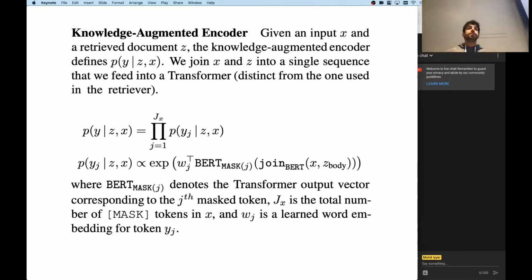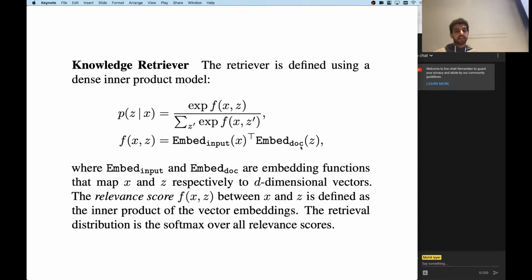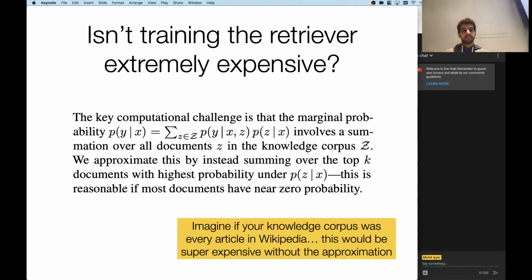So this is using a BERT model that is separate from the passage and input encoder. But conceptually, you can use any method to get a vector for these two things, this embed input and embed doc. You could just average word embeddings. You could do whatever you want. In their experiments, they found that BERT works the best, which makes sense. Like it takes into account word order. It's quite powerful, encodes lots of other stuff. So it makes sense why they use that.